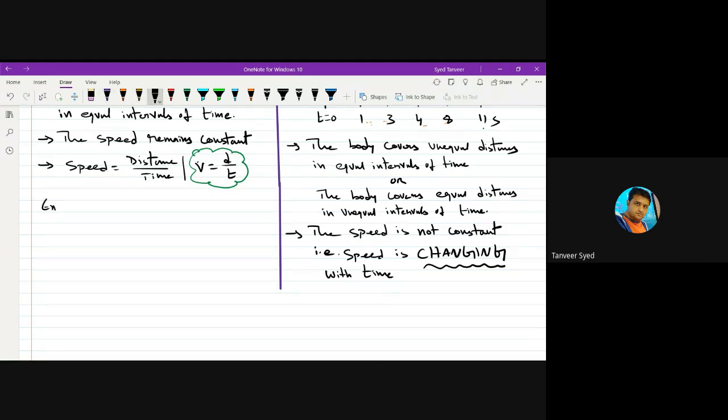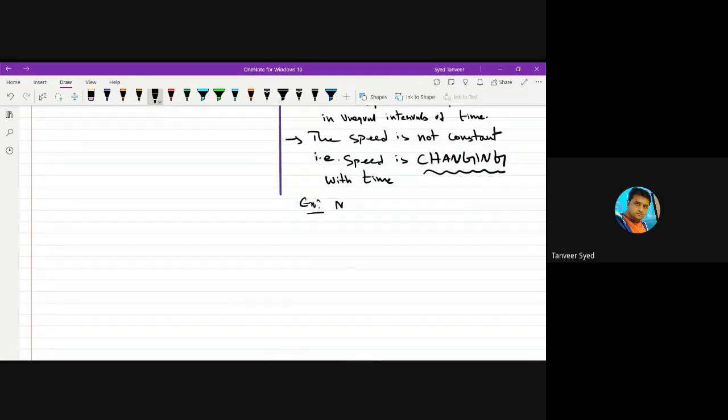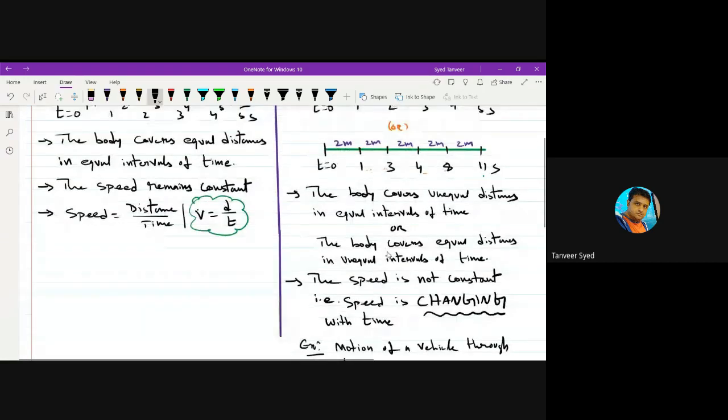Okay, so I will take that example here. Example: motion of a vehicle through traffic. And for uniform motion, you can take the example of a train, because this is possible for trains.